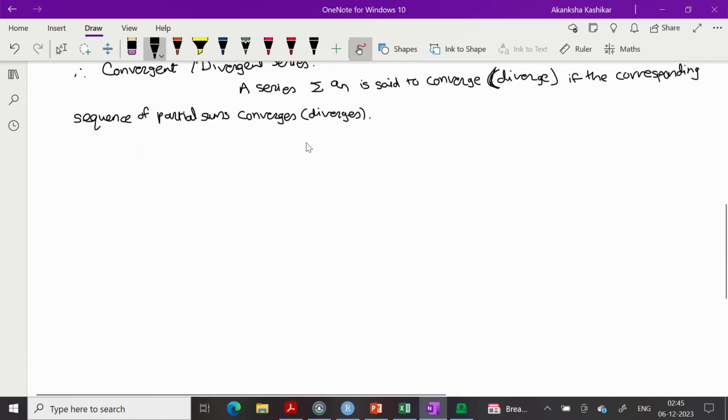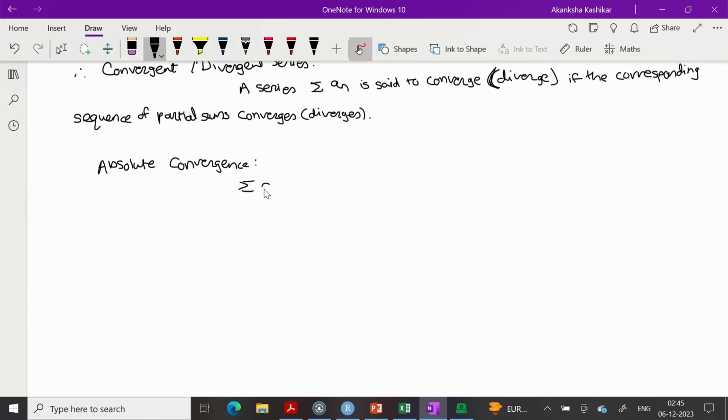We will see a few more examples later of convergence and divergence, but before that we will define two more terms, absolute convergence and conditional convergence. So what is absolute convergence?